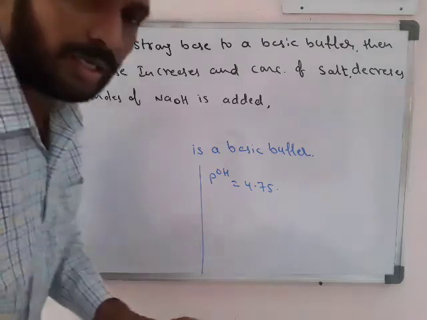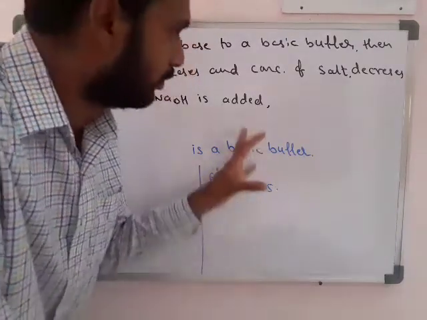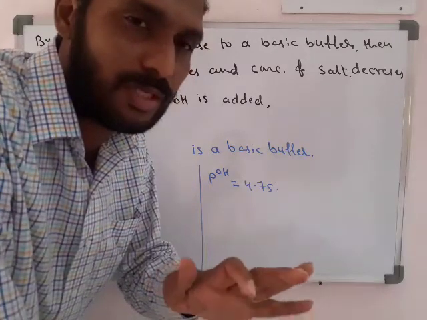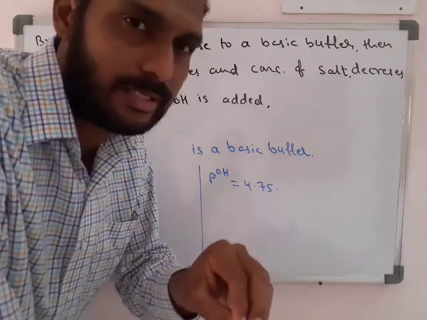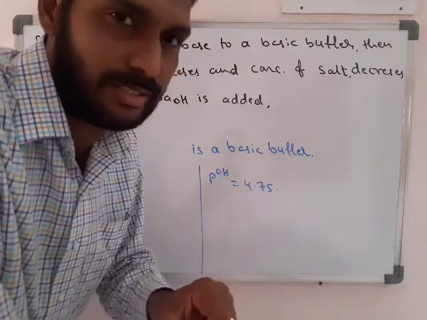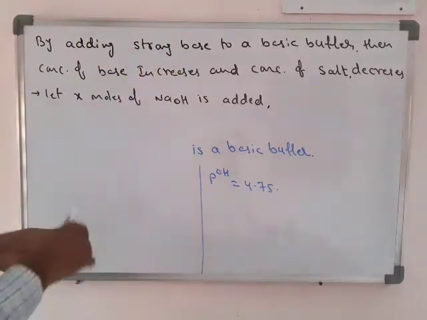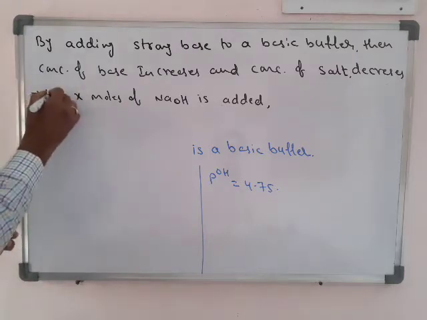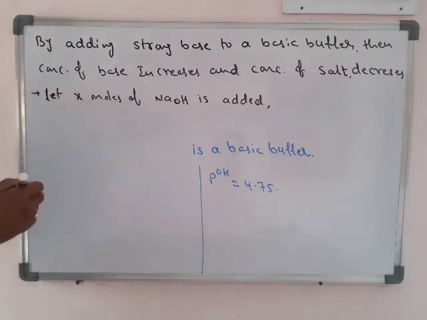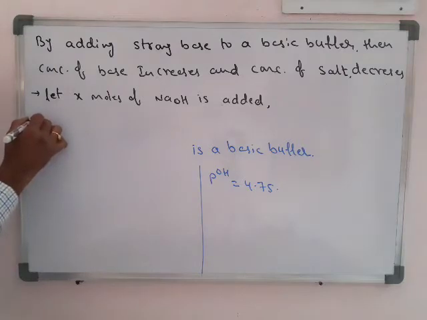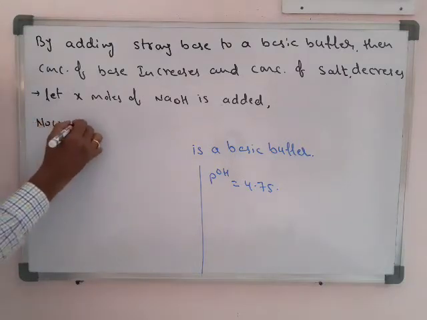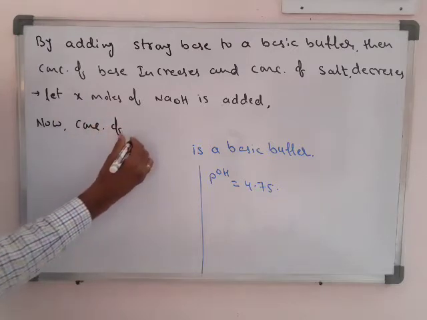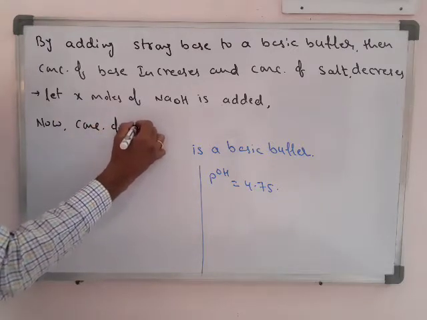So అంటే మొత్తం మీద pH value of adding the sodium hydroxide, the concentration of the base increases, concentration of the salt decreases. Okay, so this we are taking x moles of sodium hydroxide is added. So after x moles of sodium hydroxide is added, now what is the concentration of base?